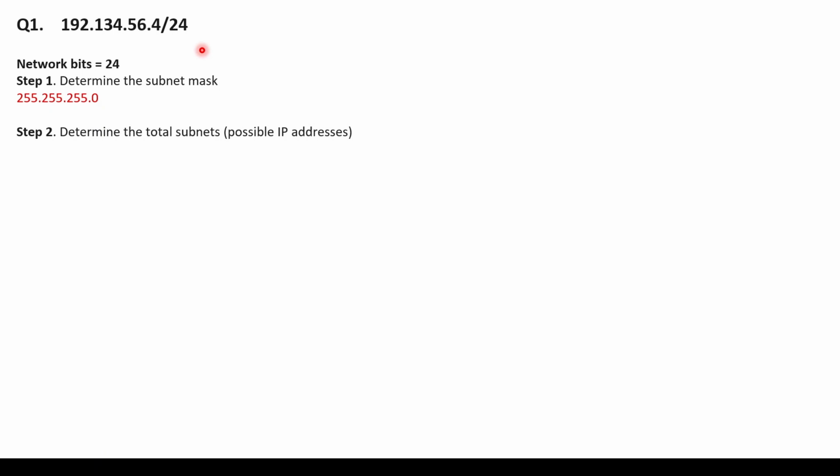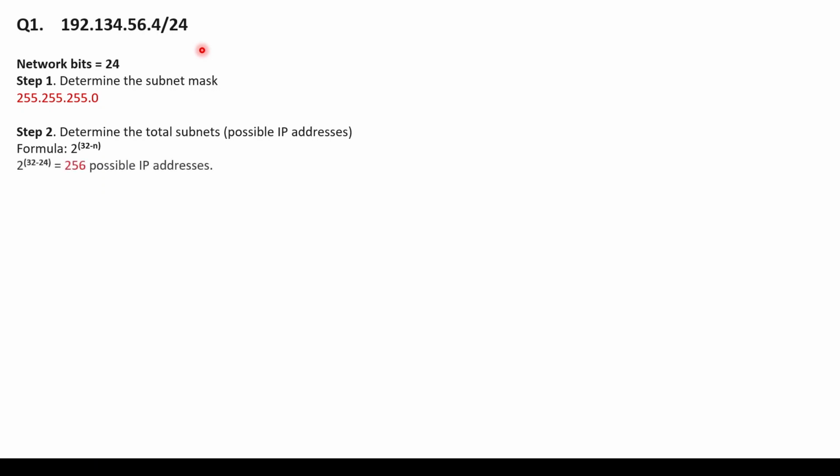Now, step 2, determine the total subnets. The total subnet is the number of possible IP addresses on this particular network. And the formula to do that is 2 raised to the power of 32 minus n. Now, remember that we are looking for the possible IP addresses, and it's going to be determined by the remaining host bits.